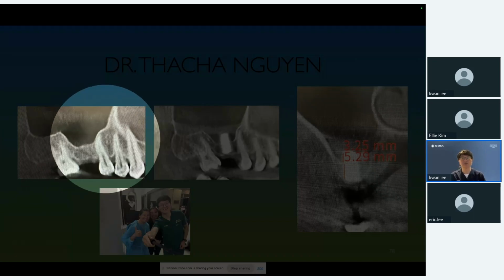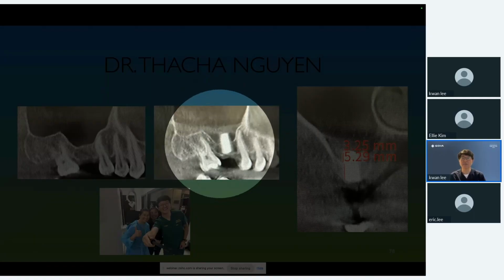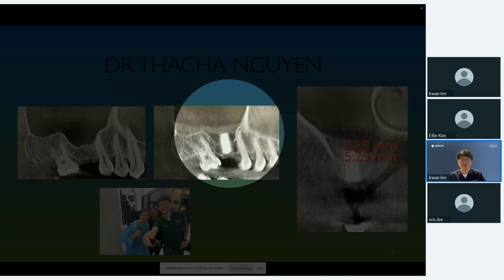So she used a closed chamber, and look at the pattern of the membrane elevation, nicely uniform and elevated well above. Once the membrane is elevated that high, she doesn't have to worry about touching it or perforation. She just carries out the regular surgery based on her usual skill. This is her sagittal view.